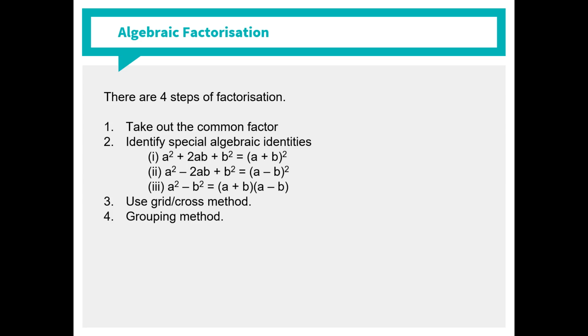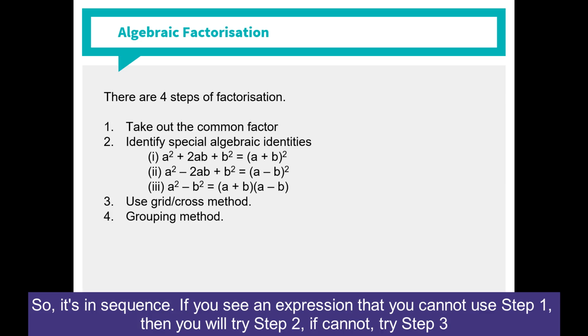And step two, part two will be a squared minus 2ab plus b squared will give you a minus b whole thing squared. And part 3 will be a squared minus b squared equals a plus b, a minus b. The third step would be to use the grid and cross method. And the fourth will be the grouping method.